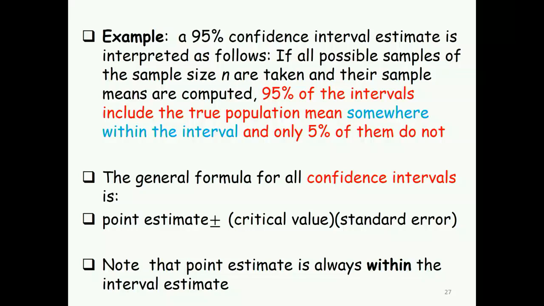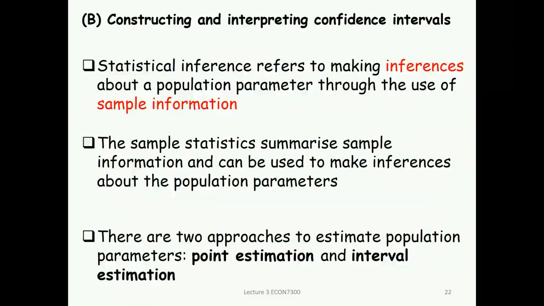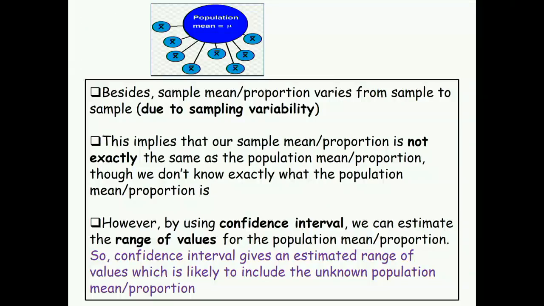Point estimate plus or minus margin of error or sampling error. So point estimate plus or minus sampling error, because when we take a sample, there are a number of different results. So that difference must be taken into account. Sometimes in some books you will find margin of error or sampling error.